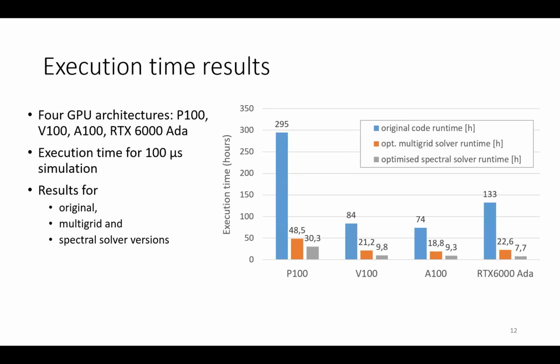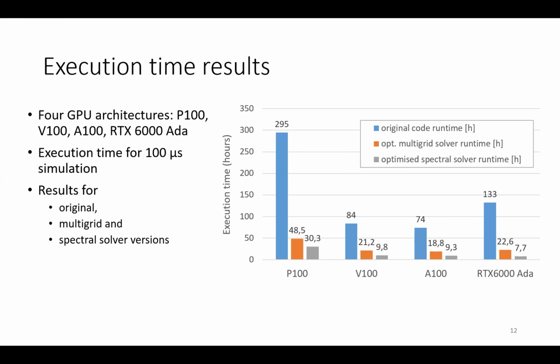And that's the result. So what we can see is that the original code actually changed quite a lot just by moving it to a different GPU, which is obviously somewhat expected. But the V100, A100 difference is not much, but from the P100, it's a big, big jump. And then obviously the optimized versions show a big improvement.